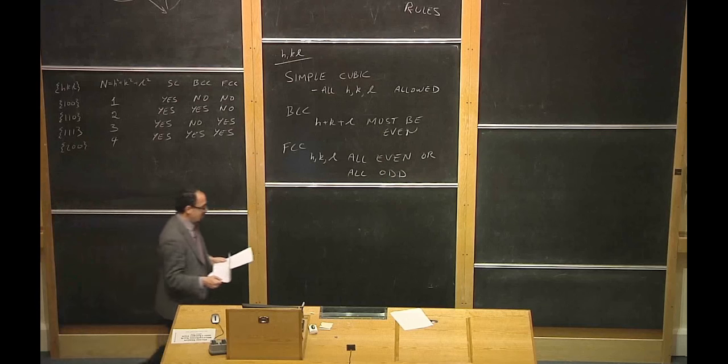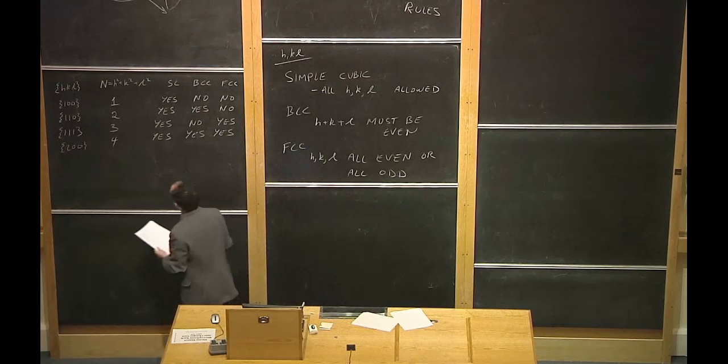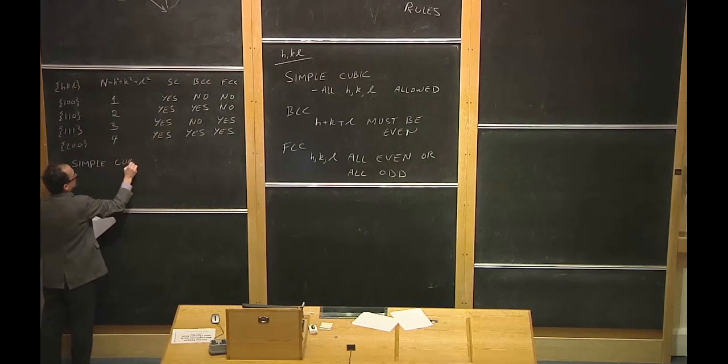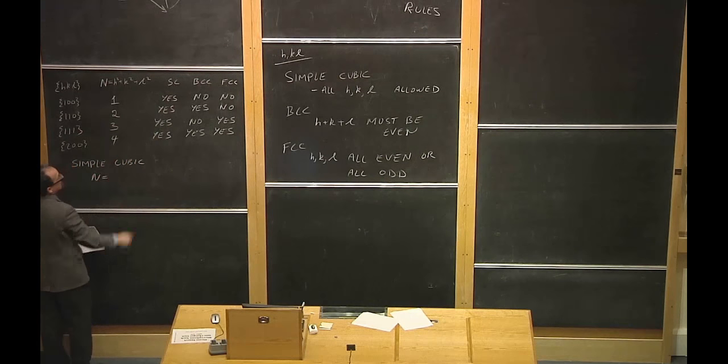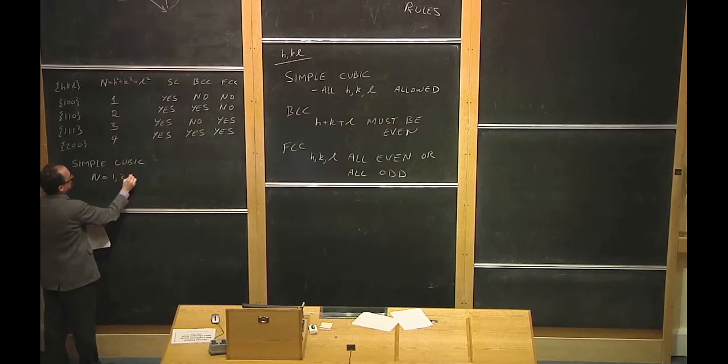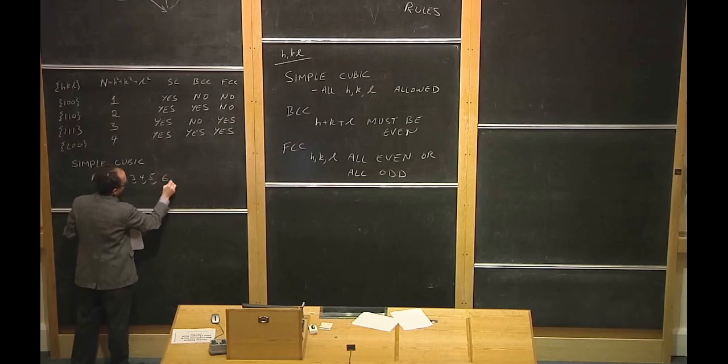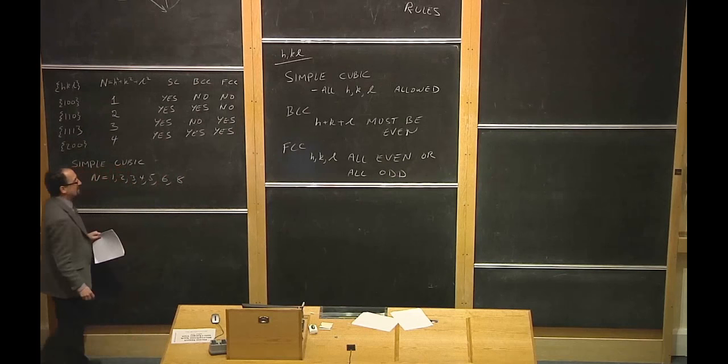Now, from this type of table, you can make a list of the possible integers n that you would see for the different lattice types. So for simple cubic, the possible n's you get are 1, 2, 3, 4, 5, 6, 8. So what happened to 7?